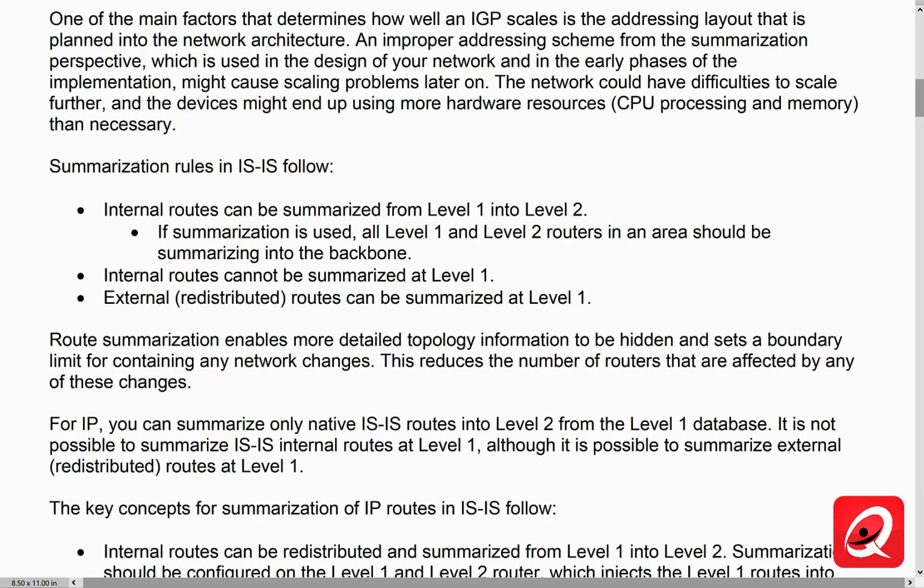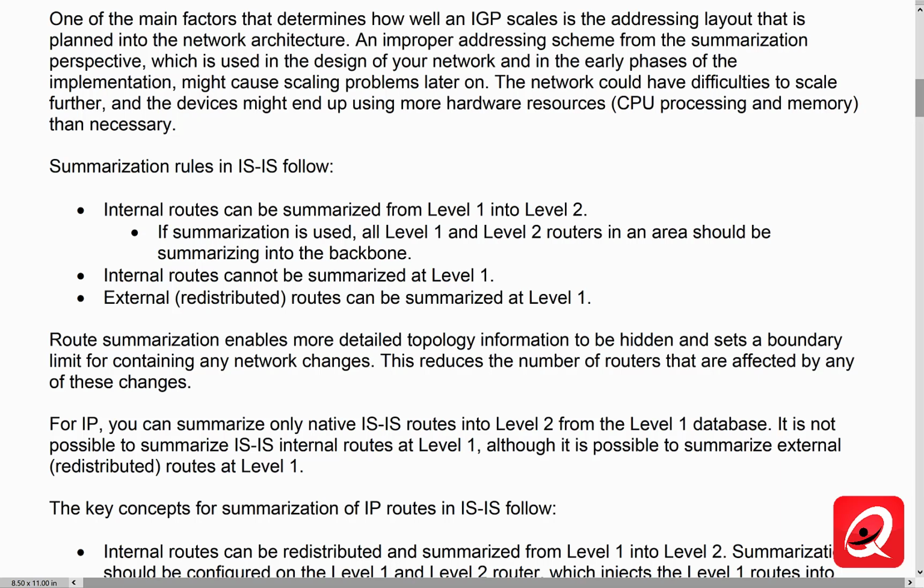It is not possible to summarize internal routes at level 1, but it is possible to summarize external routes at level 1, routes that are being redistributed. Internal routes can be redistributed and summarized from level 1 into level 2. The summarization should be configured on the level 1 and level 2 router that injects the level 1 routes into level 2.